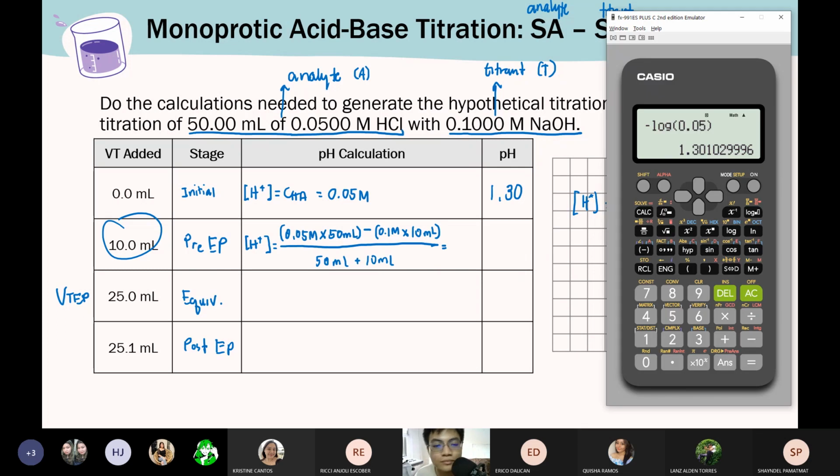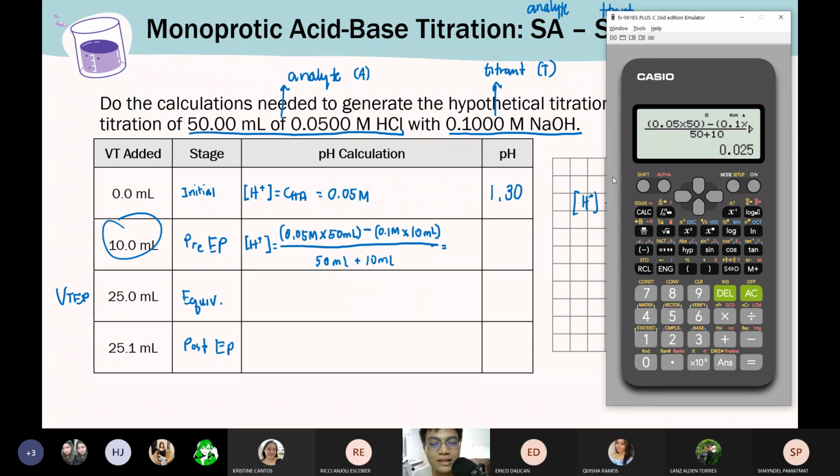Calculate natin. Okay, so we have 0.05 times 50 minus 0.1 times 10, divided by 50 plus 10, so 60. So yun yung concentration. So 1 over 40 or 0.025 molar.